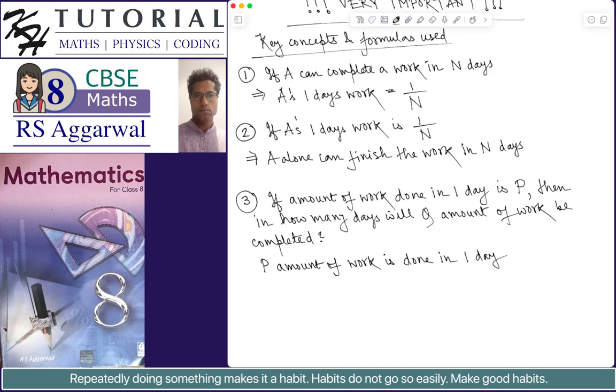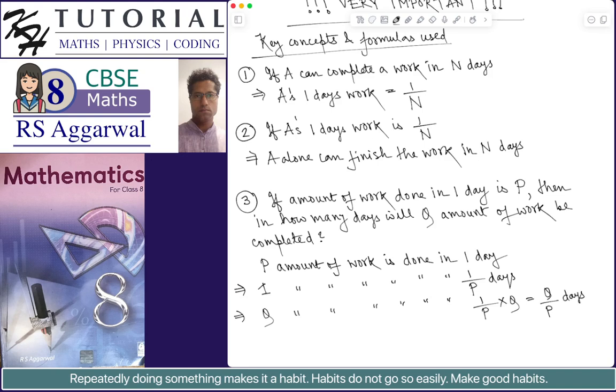So P amount of work is done in one day. This implies one amount of work is done in 1 by P days. So this implies Q amount of work is done in 1 by P multiplied by Q, which equals Q by P days.